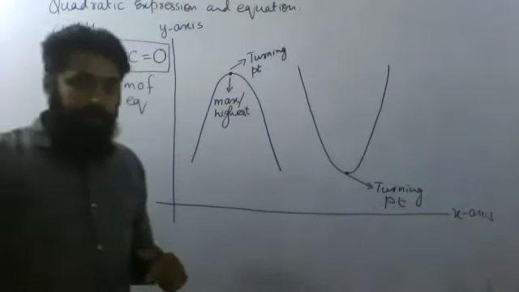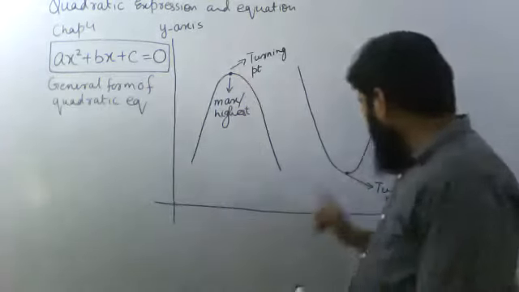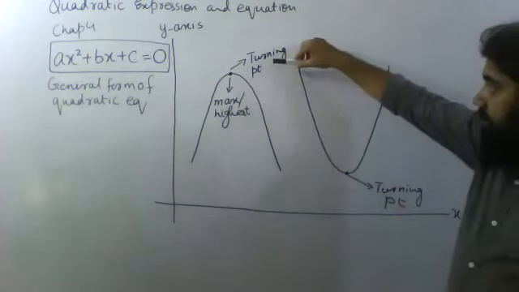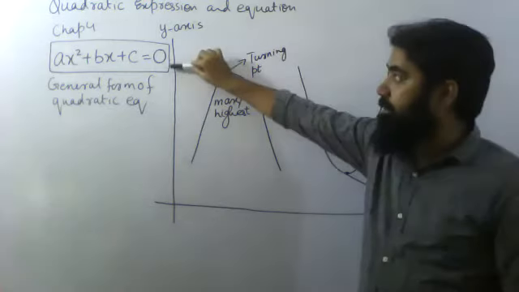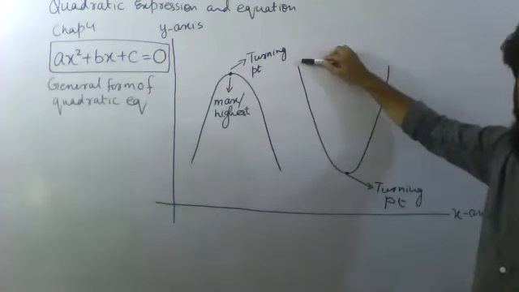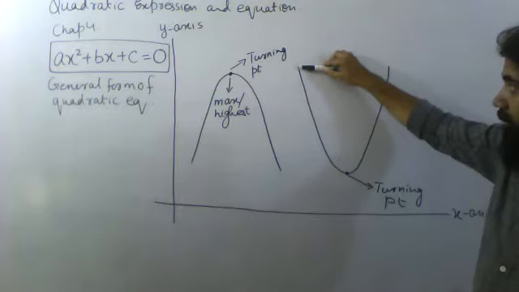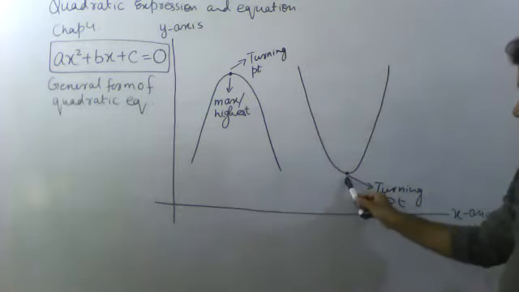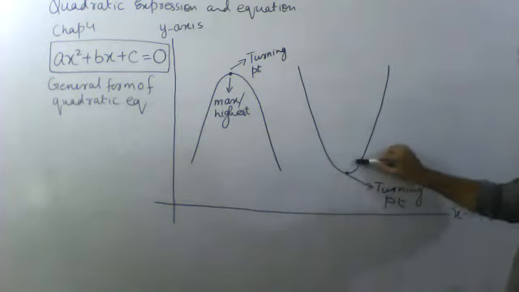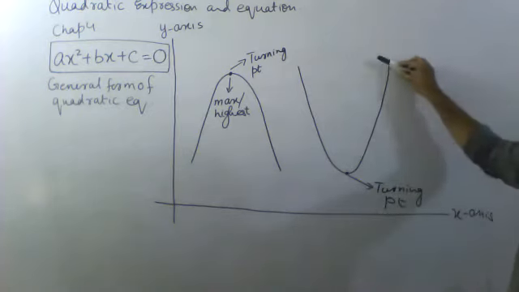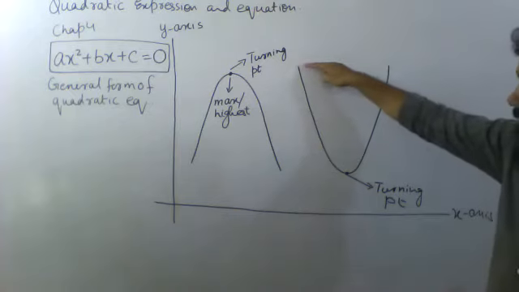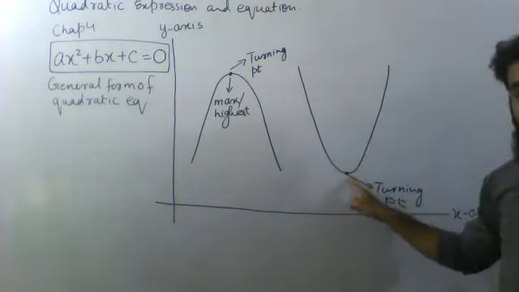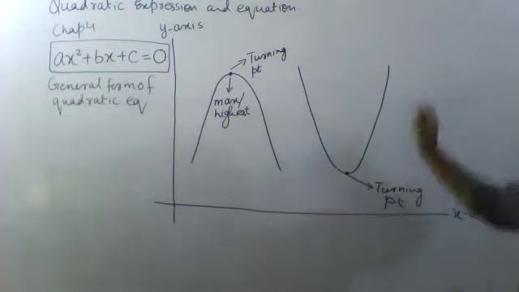In the same way, if I have this one, see, the value of y is highest, then going down and down and down and reaching this point, and then again going backward. So the value of y is decreasing till I reach this point, and after that it is increasing.